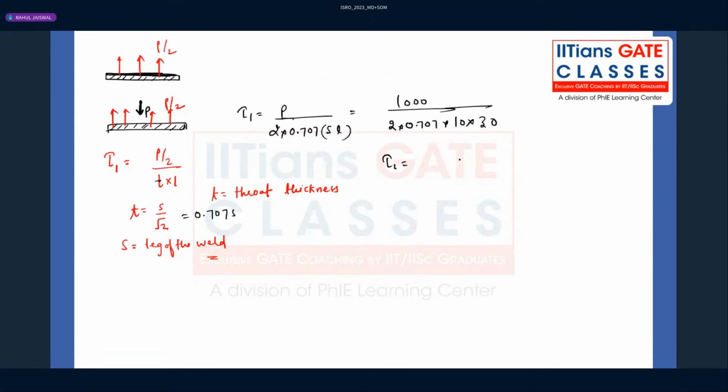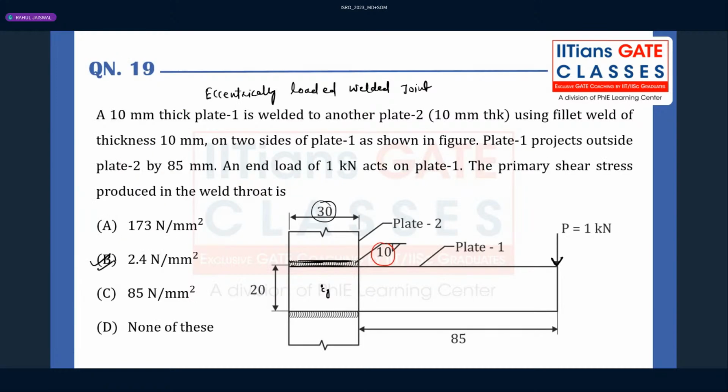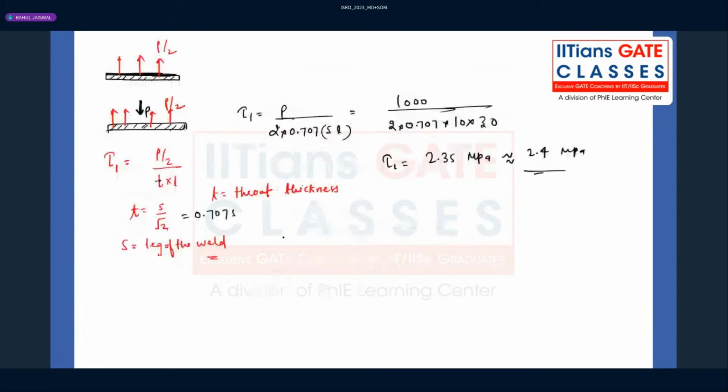So now when you calculate, you will find the value 2.35 megapascal, which is approximately equal to 2.4 megapascal. So which option is correct? B option is correct.